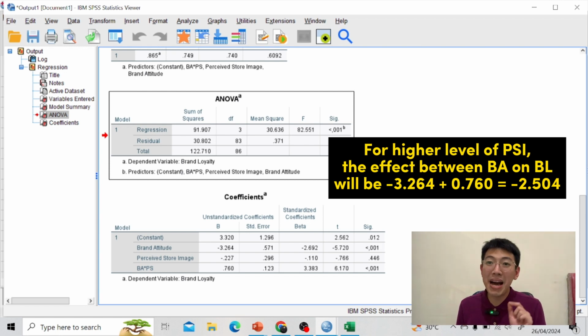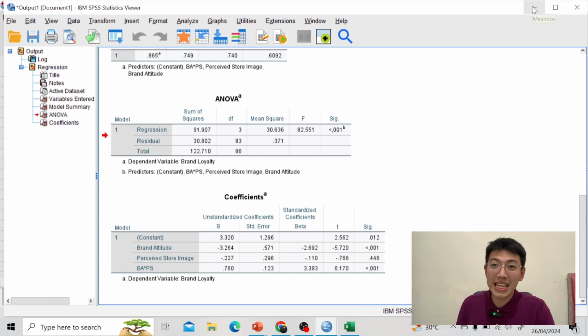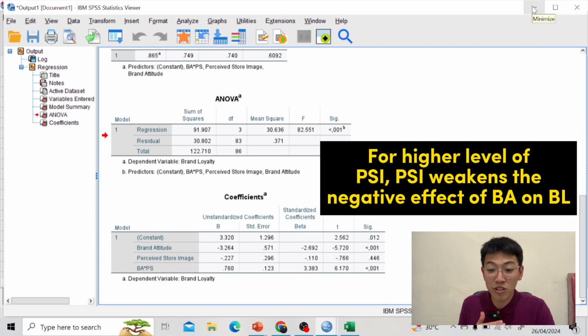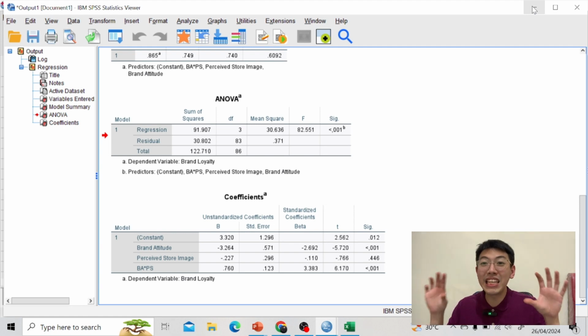It will be minus 2.504. In this case, the negative effect is decreasing. In the beginning is minus 3.264, it becomes minus 2.504. Therefore, we can say for the higher level of perceived store image can weaken the negative effect between brand attitude and brand loyalty. So the negative effect is weakened, right?